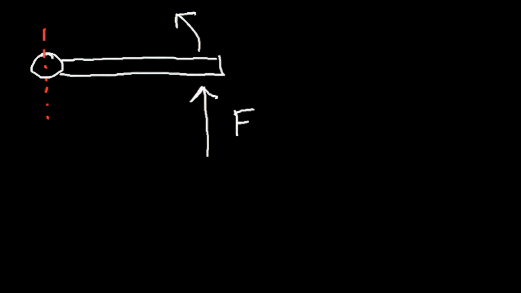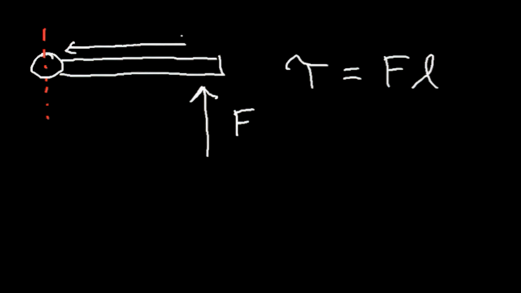Because this force is causing the door to rotate, it's creating a torque. The torque is the product of the force and the lever arm, or the moment arm. In this case, the lever arm is the distance between the line of action and the axis of rotation.